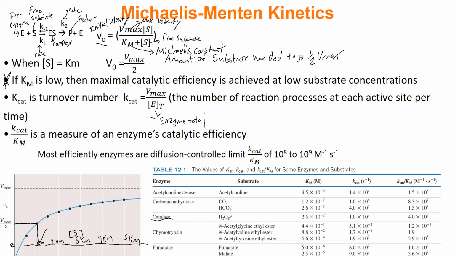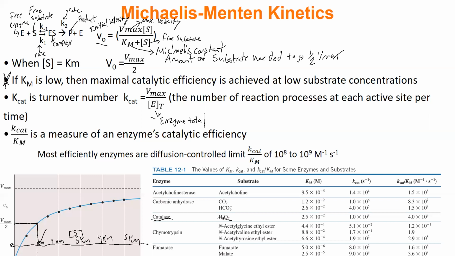What catalase does is it breaks down hydrogen peroxide. Hydrogen peroxide is something that you create when you do oxidative phosphorylation. So when you make ATP and you're breathing oxygen, one of the side products is hydrogen peroxide, which is not good for the cell, very reactive.